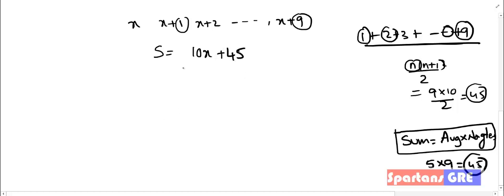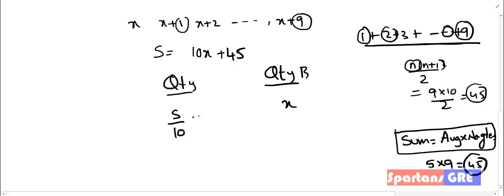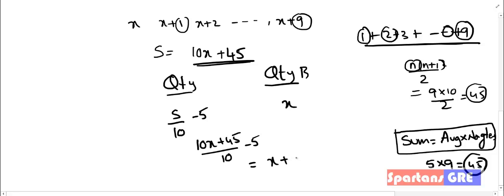Now here the smallest number is what? Quantity B we are talking about is x. Now quantity A, they said S by 10 minus 5. What is S here? 10x plus 45. So 10x plus 45 by 10 minus 5 will be equal to x plus 4.5 minus 5.